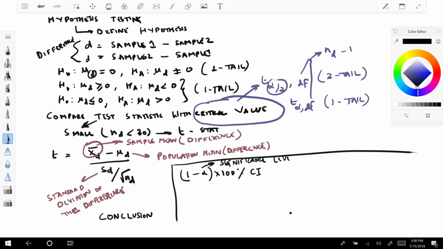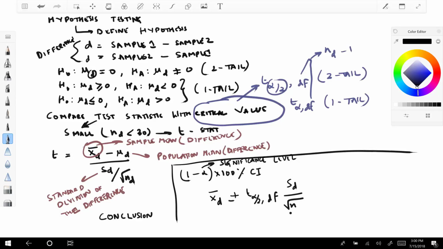The formula for this would be xd bar plus or minus t alpha over 2 with the degree of freedom, times sd over square root of nd.